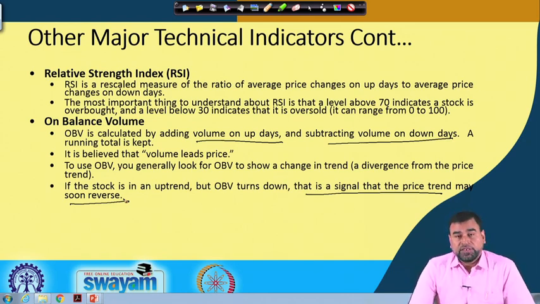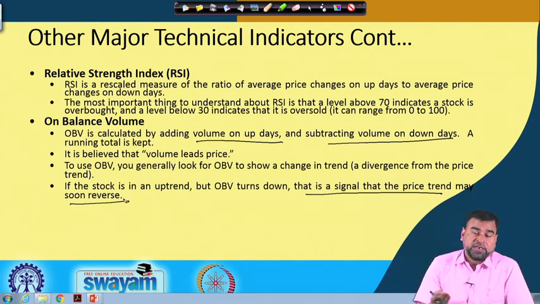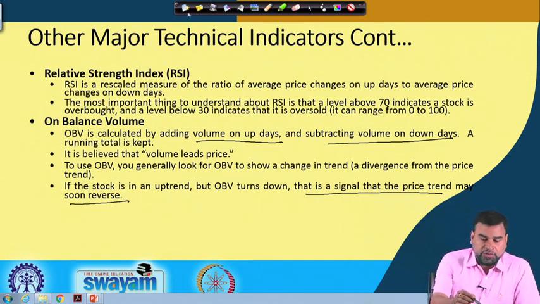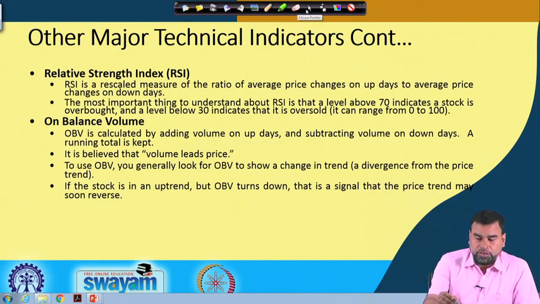If the volume trend is up but the stock trend is down, or the stock trend is up and the volume trend is down, then we can say that there is a reversal. Reversal in the sense the price can move from upward movement towards downward movement, or from downward movement towards upward movement. So, that basically gives a clear cut signal how the market is going to be in the near future.